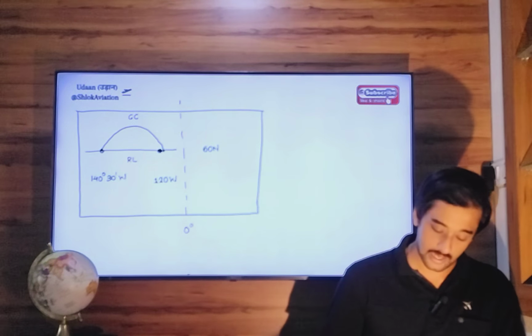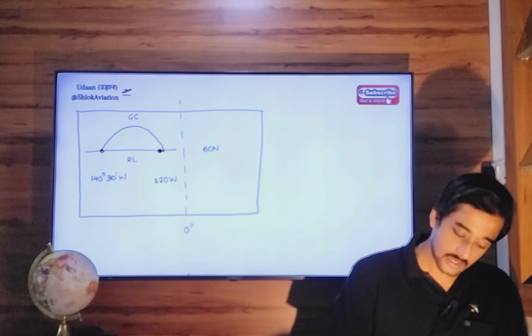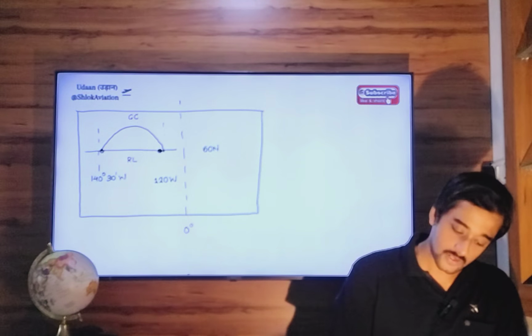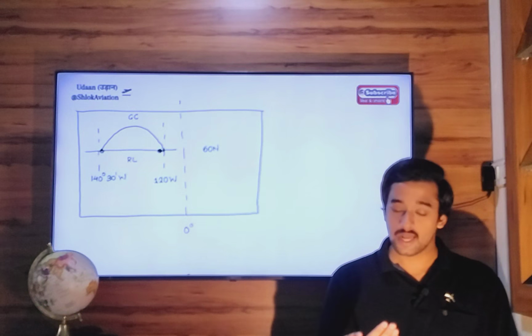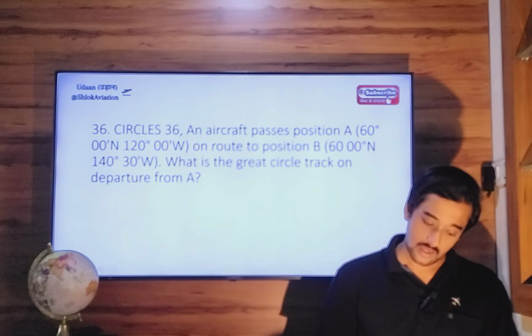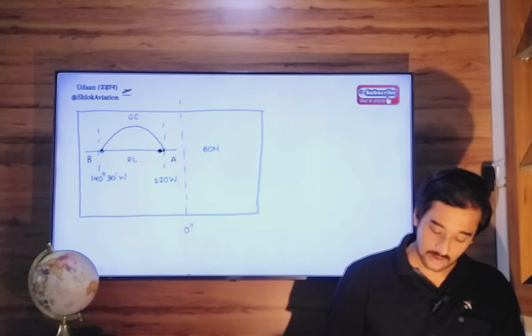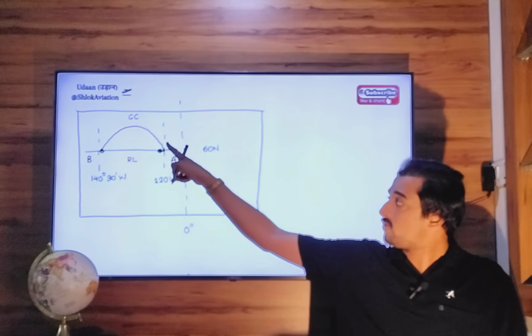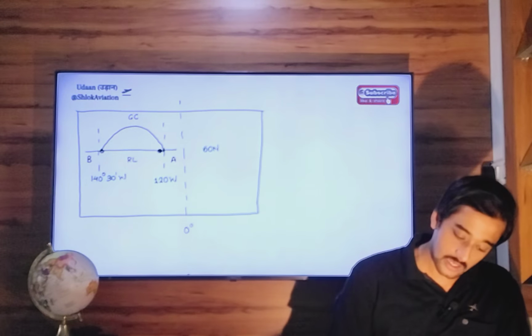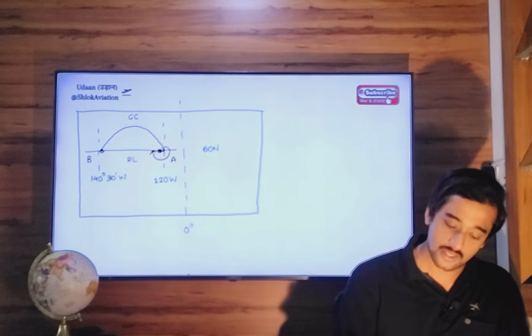Now we have to calculate the direction of great circle at point A to B. Now see, the direction of rhumb line track at point A is what? It is 270.